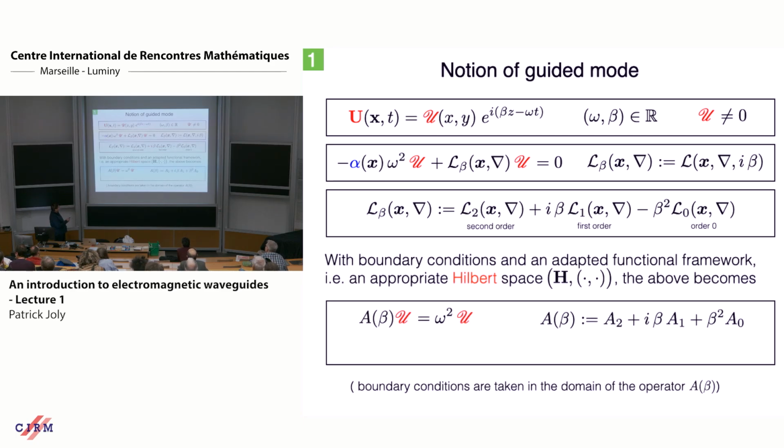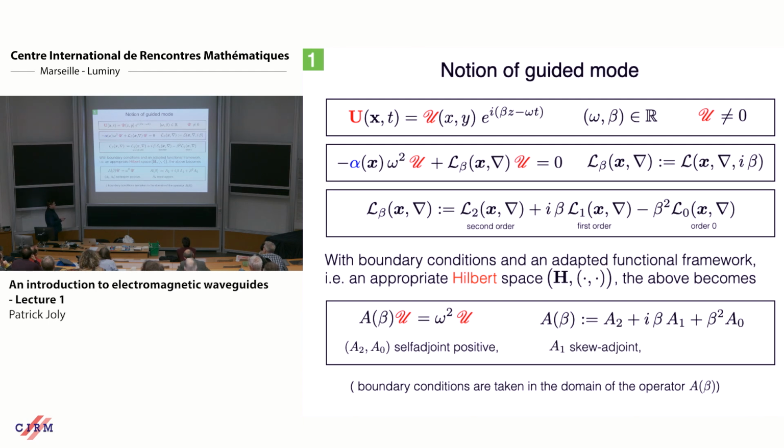Once you have put an appropriate functional framework, in particular a Hilbert space to work with, which I will make more precise later, you will be able to rewrite this problem as a self-adjoint eigenvalue problem of this type, A of beta u equals omega square u, where the operator A of beta is an unbounded operator on H. It has itself an expansion in powers of beta, and typically the operators A2 and A0 will be self-adjoint and positive.